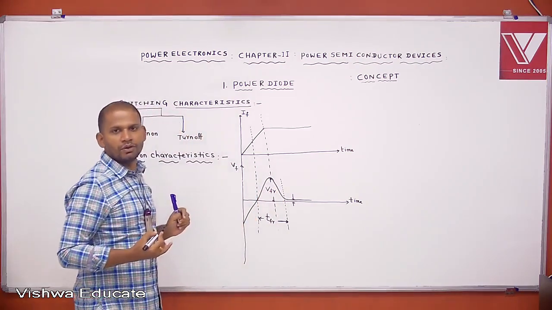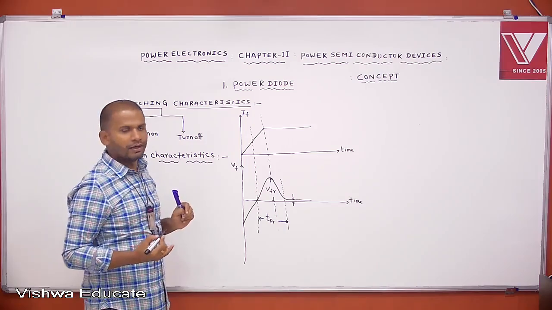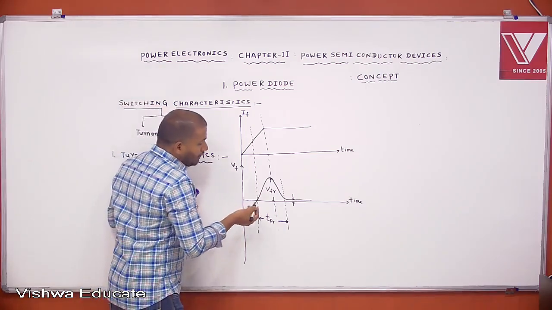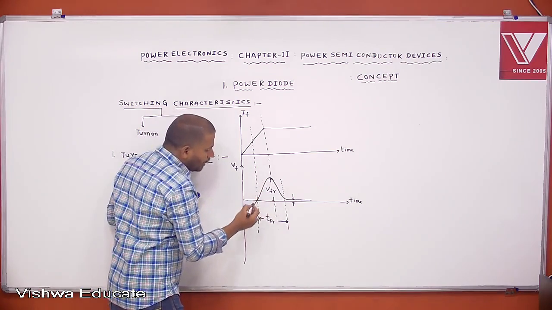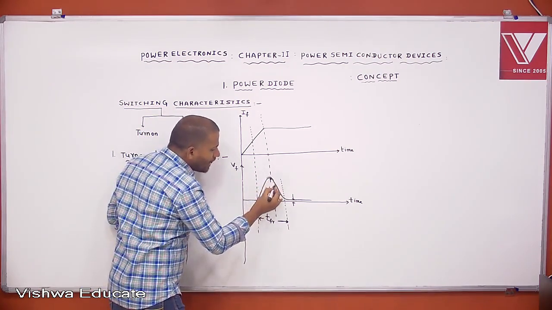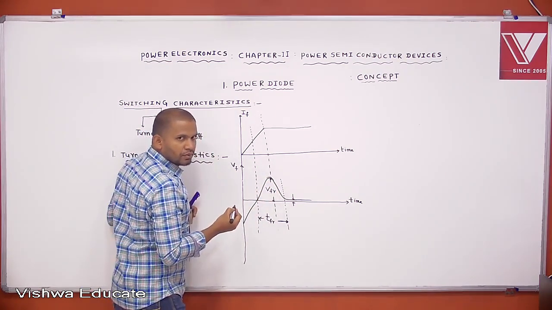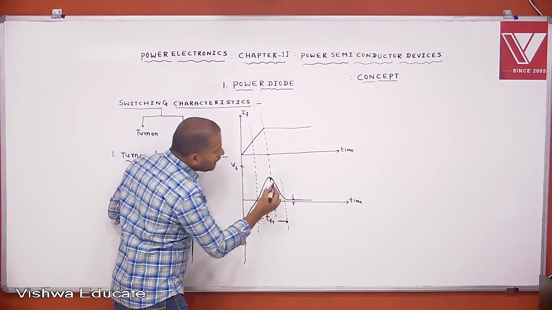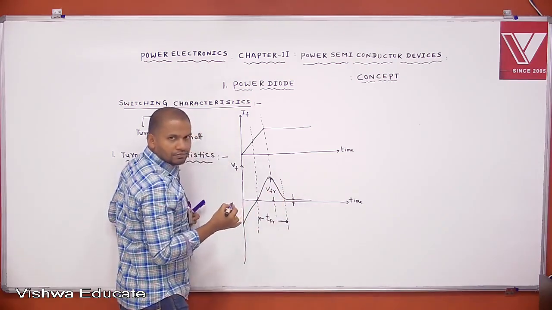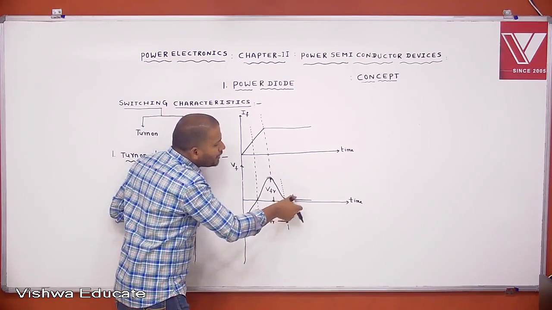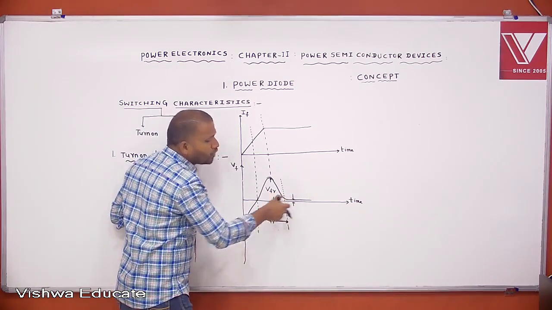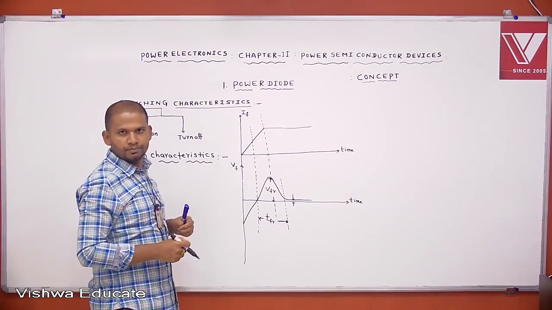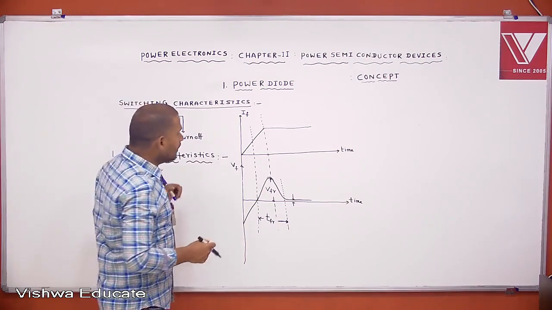Understood? During turn on, a large voltage will appear across the diode. Once it is completely turned on, the voltage across the diode is equal to the on state voltage drop.